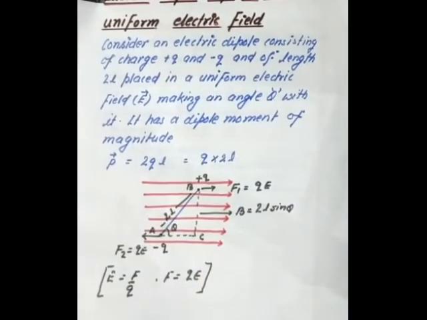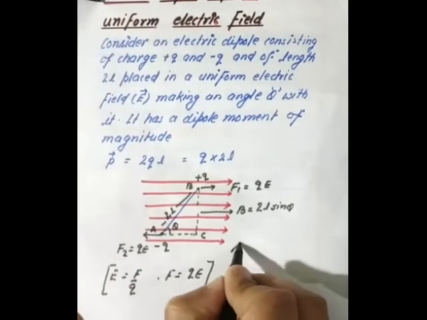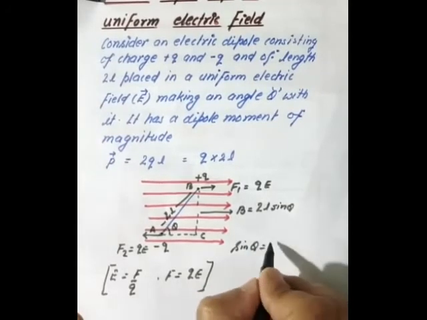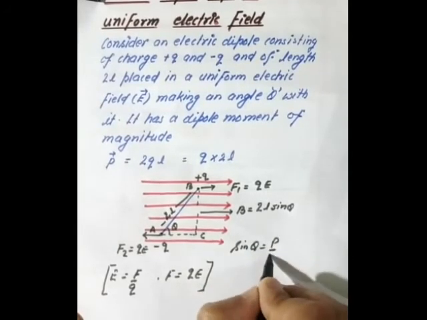How does it happen? Sine theta equals perpendicular upon hypotenuse.